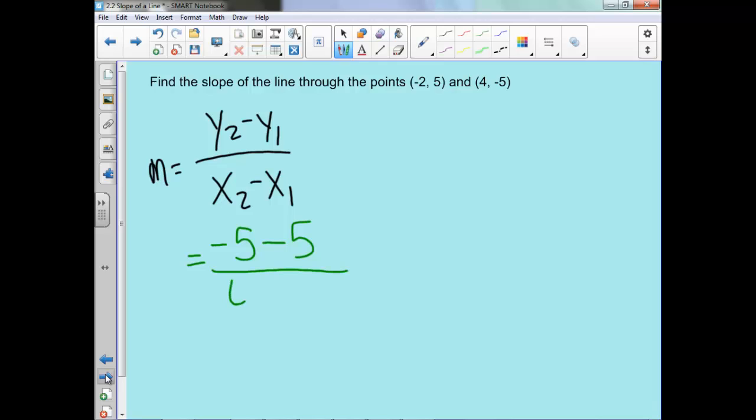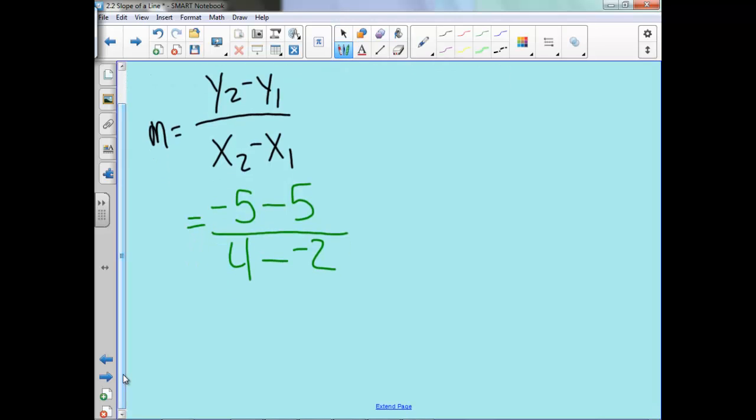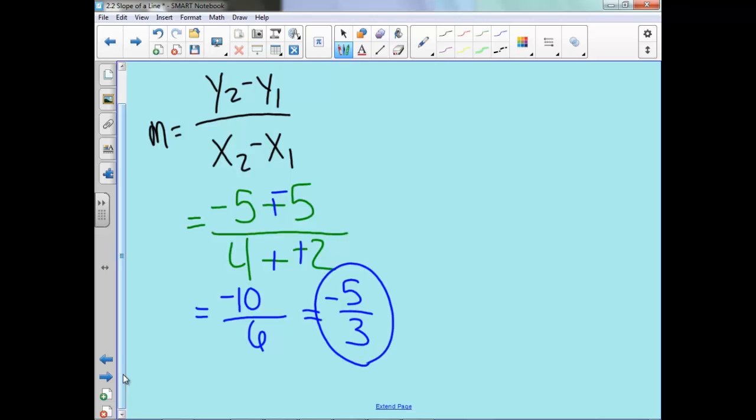Second x-coordinate is 4 minus our first x-coordinate, which is -2. And then we just simplify this. So -5 minus 5 is the same as plus a -5, which will give us -10. 4 minus -2, we can add our opposite, so -10 over 6, and reduce both of them by 2, -5/3.